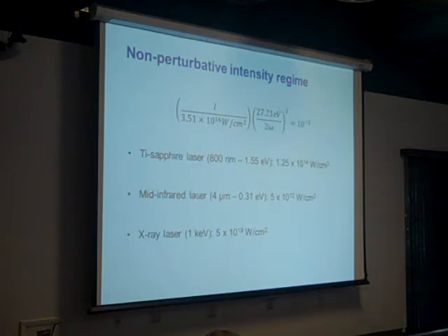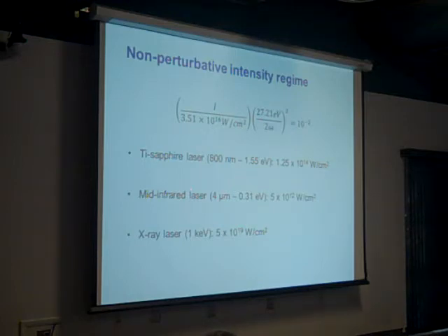Now this certainly changes if I go to different frequencies. If you had started 10 or 15 years ago, you most likely would have worked only with sapphire laser systems in this frequency regime. Nowadays there's a lot of emphasis, for example, on infrared laser fields.